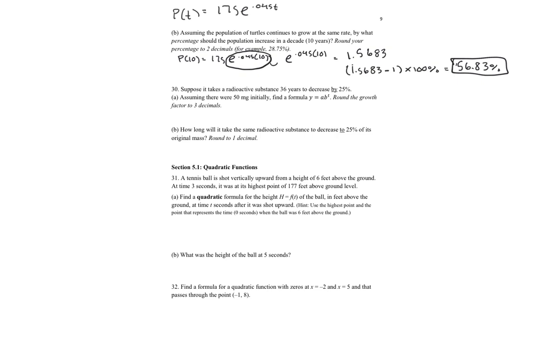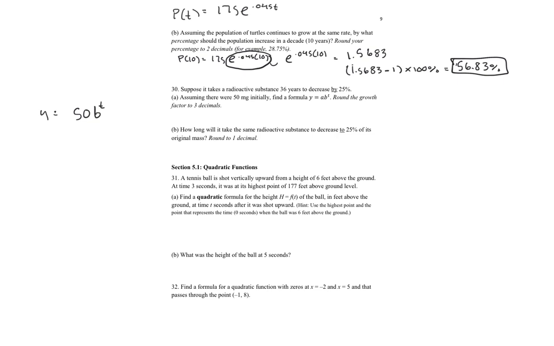And so if we set this up, we know our initial was 50 milligrams. So we know that we're going to have an equation 50 times b to the t for some y. And it says it takes 36 years to decrease by 25%.